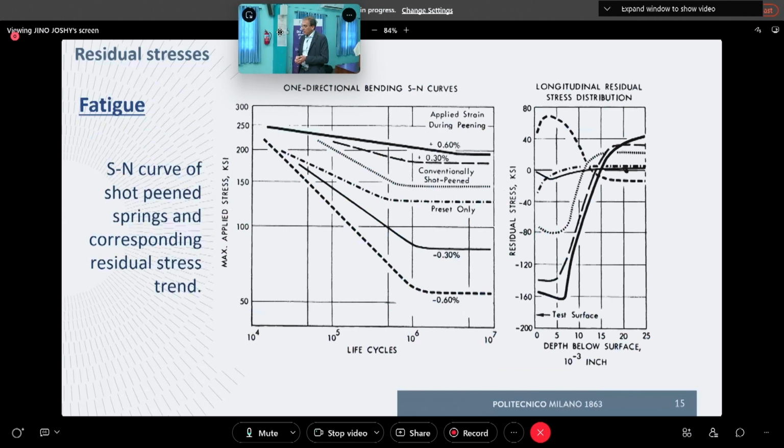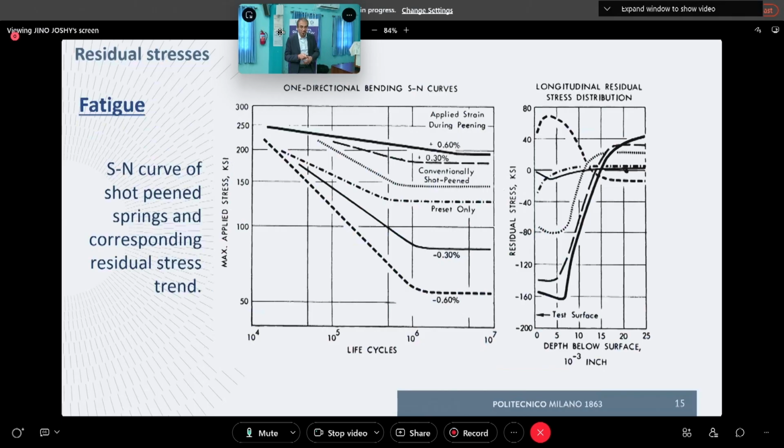Okay, and what can we see? We have preset, minus 0.3% and so on. What does it mean? One curve refers to the preset only. What is preset? Pre-stressing, the treatment that we considered yesterday. That is to say, we are applying an overload to induce residual stresses, and then we go with fatigue.